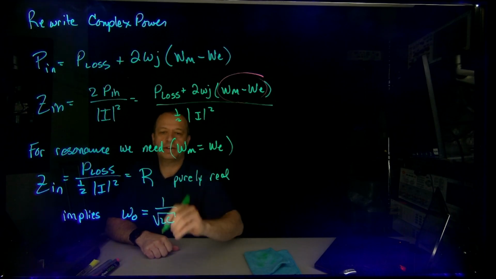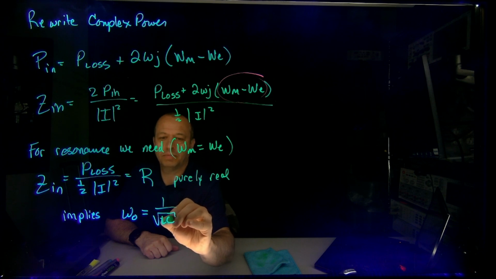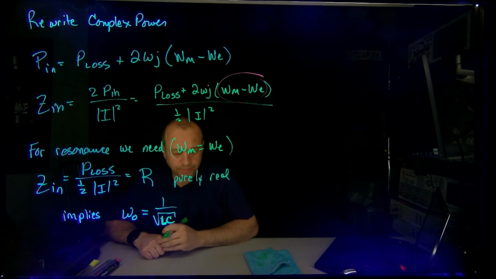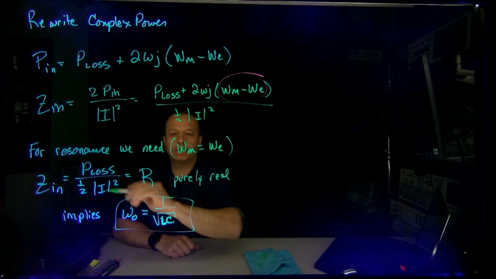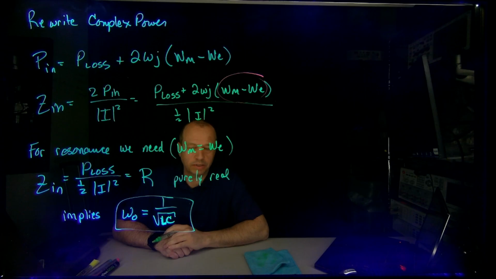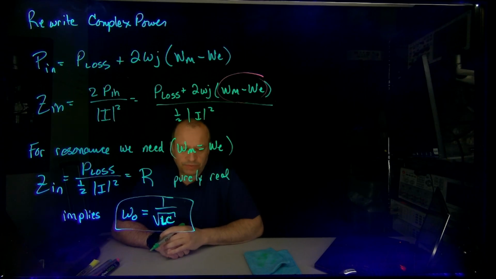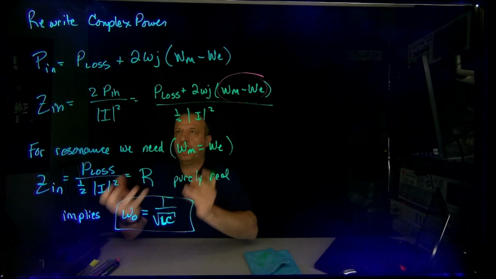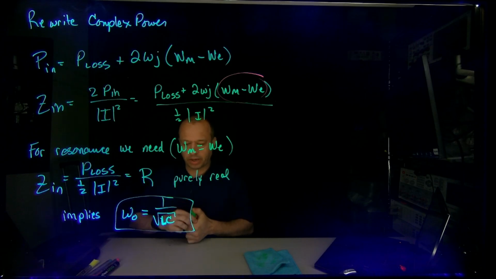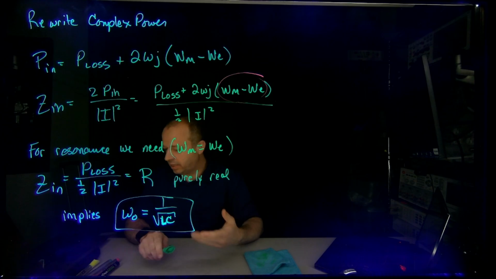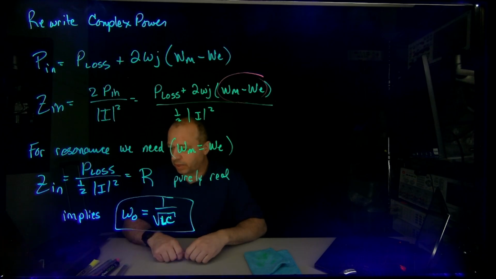We recognize this from electronics or PECA, a constant in all your electronics classes. The fact that we can pull that out of this shows that we're on the right path.